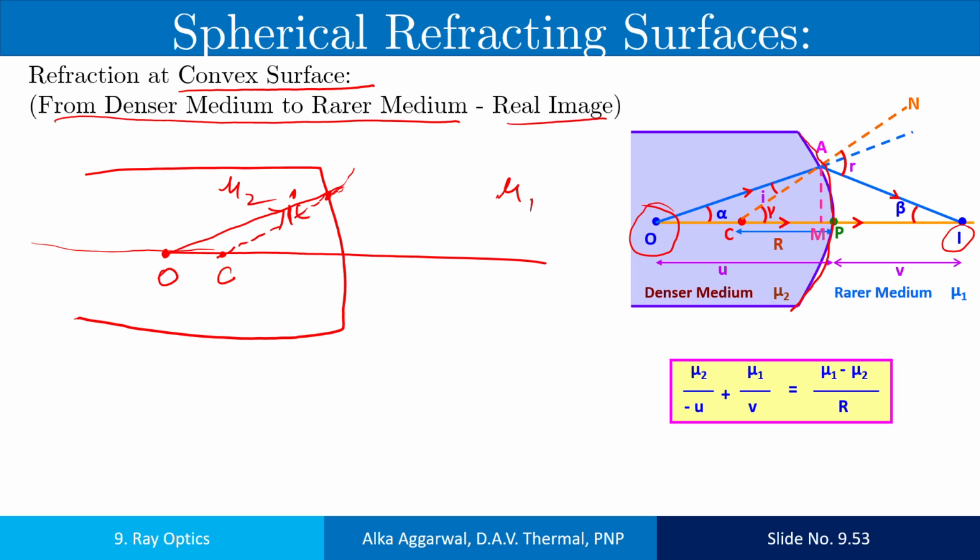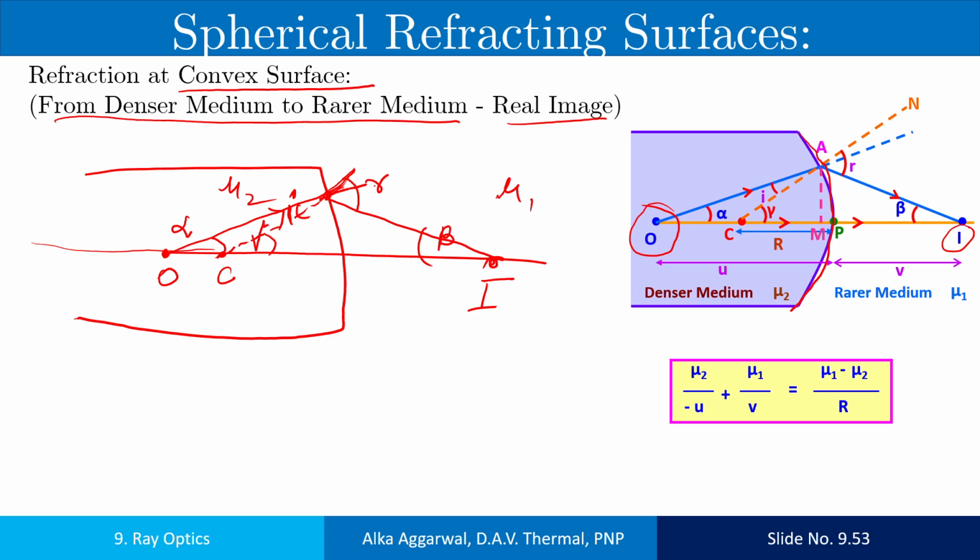As it bends away from the normal, this will be the position of image. And this is the angle of refraction, that is the angle between the normal and the refracted ray. The angle which the incident ray makes with the principal axis is represented by alpha. The refracted ray with the principal axis is represented by beta and the normal with the principal axis is represented by gamma.